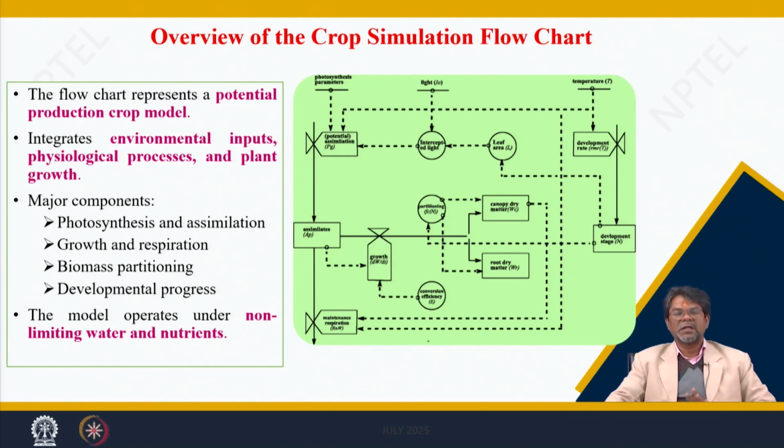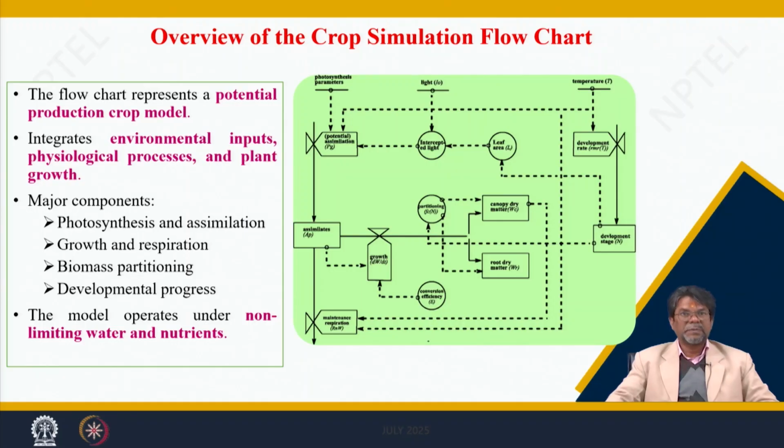The water and nutrient modules are switched off, and plant protection is also switched off, so they are all assumed to be optimum. The crop does not suffer from water and nutrient stress, and is well protected from pests and diseases. So, here the yield is mainly influenced by the weather parameters.